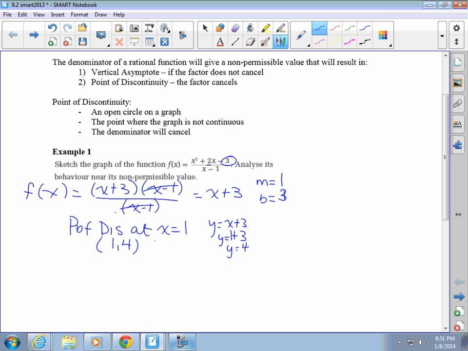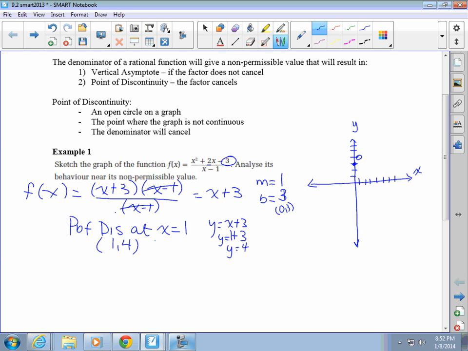So if I go to draw this, this is my y, this is my x. I know at the point (1, 4), I'm going to have a point of discontinuity. So (1, 4), right here, I'm going to have an open circle. At 3, I'm going to have a y-intercept, so that's the point (0, 3).